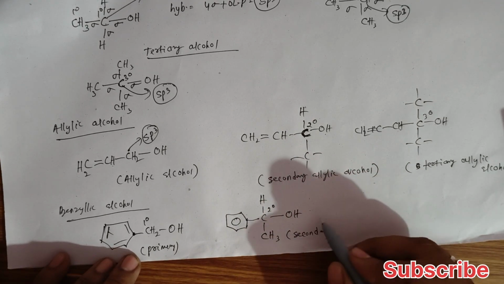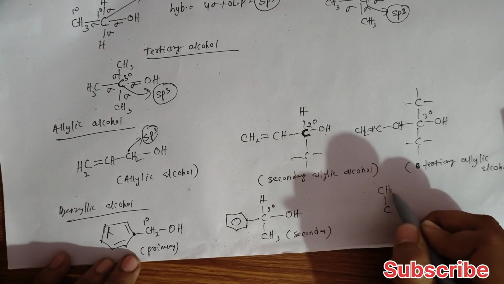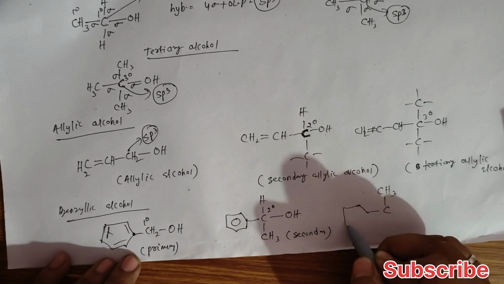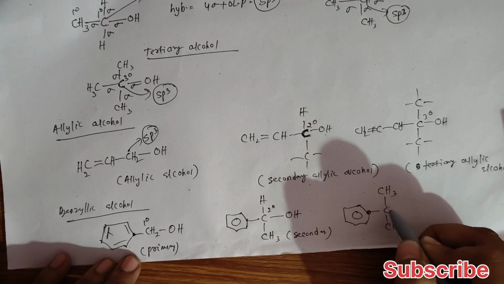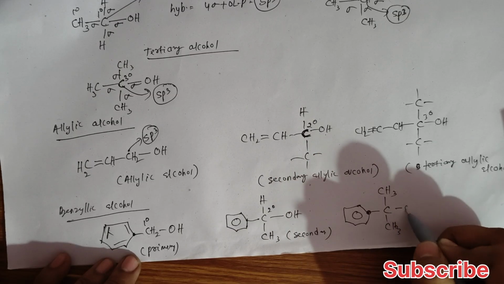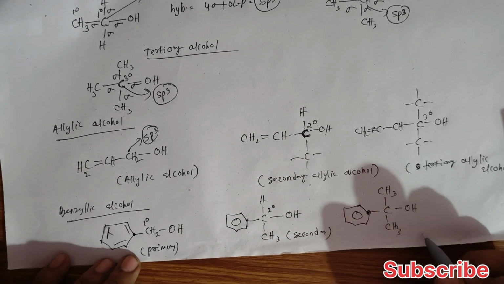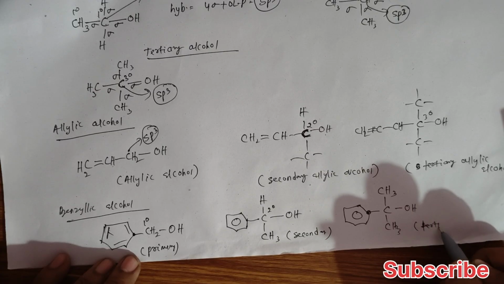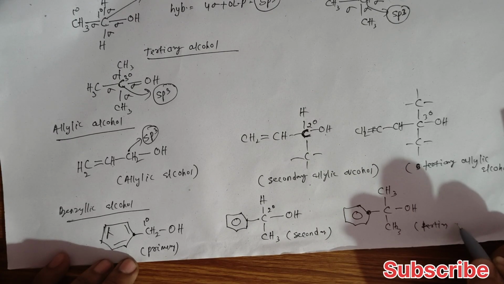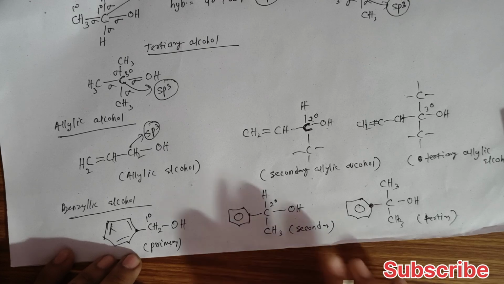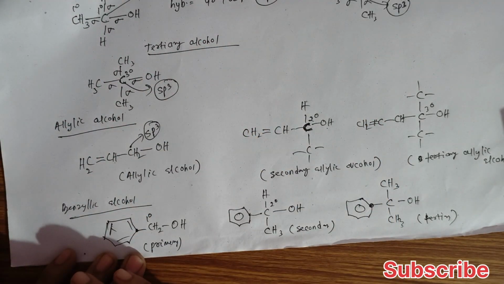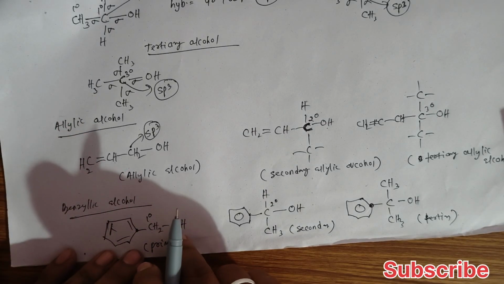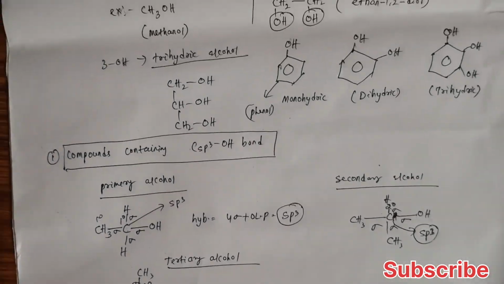If I modify this structure so that a single carbon atom is directly attached to a phenyl group, with a total of three carbon atoms attached to it, and that carbon atom is directly attached to one OH group, then that is called a tertiary benzylic alcohol. I hope it is clear to all of you. So here we classified all the alcohols and phenols in which the OH group is directly attached to an sp3 hybridized carbon atom. Clear to all of you?